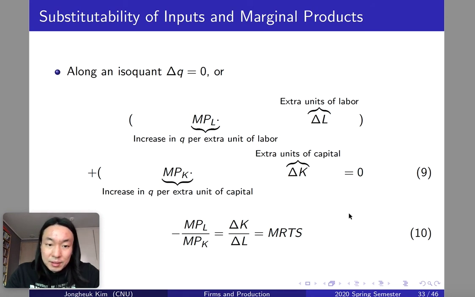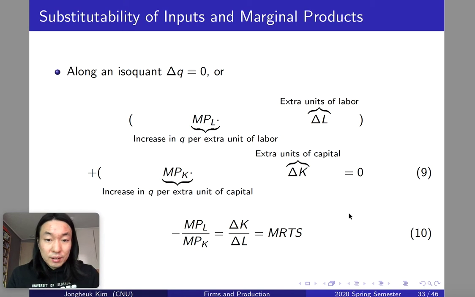Correct? So we can decrease delta K to keep our quantity unchanged. How much? That's the question of equation number 9.